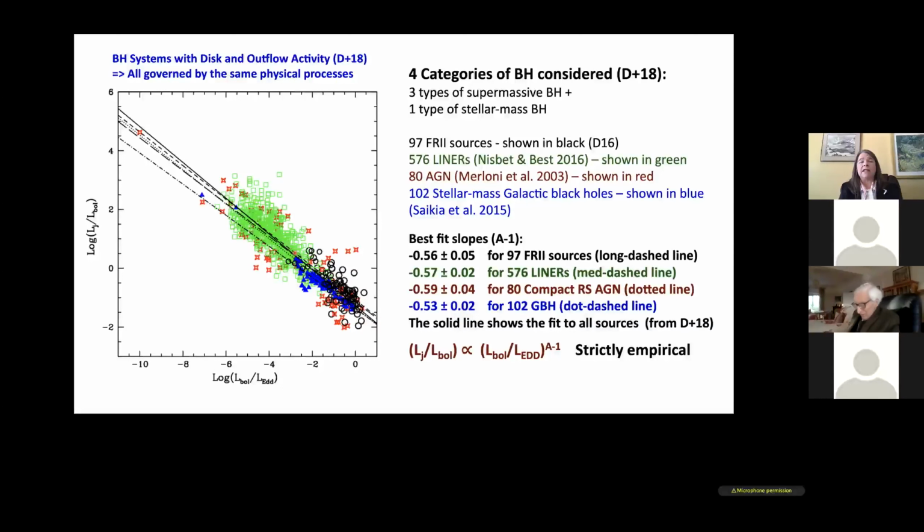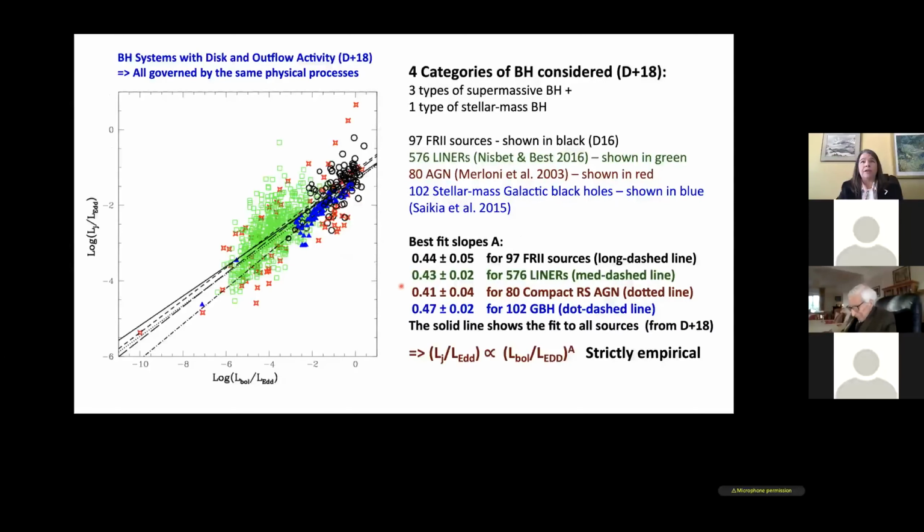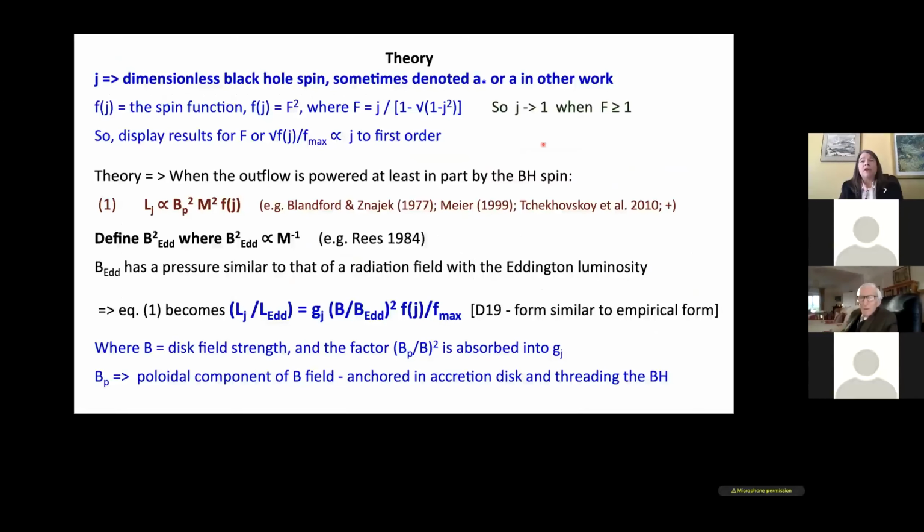The LINERs and the Seyferts here are probably spin-powered. And you can see it would be very difficult to get a beam power that large relative to the radiant luminosity without a spin-powered outflow. Now, everything else is lining up with a similar slope and normalization, so that would suggest that these are all spin-powered outflows. So now let's go to the theory on spin-powered outflows.